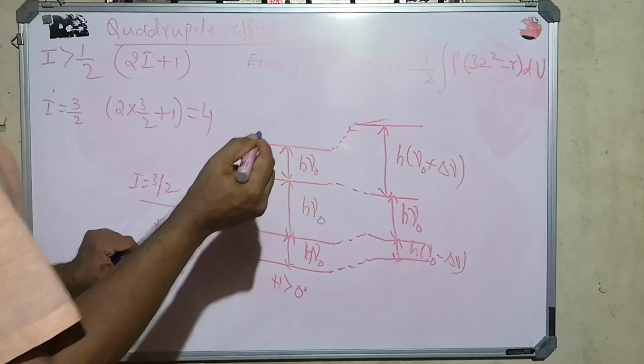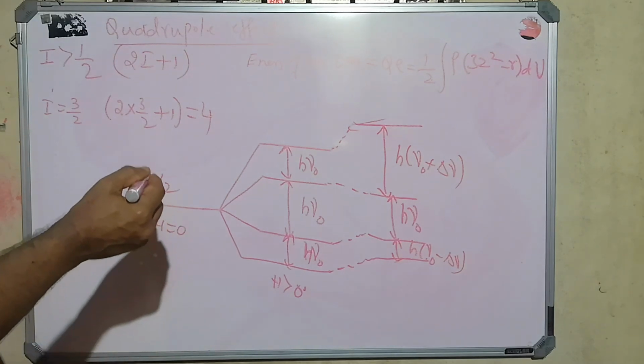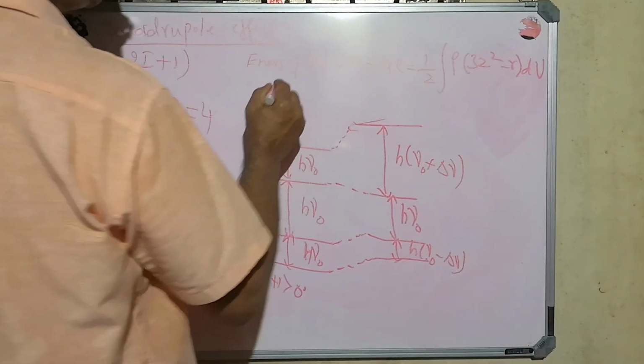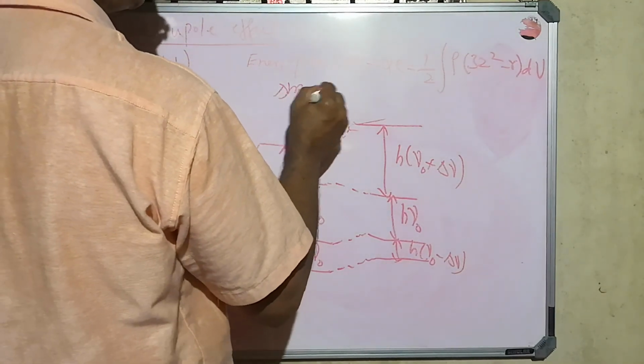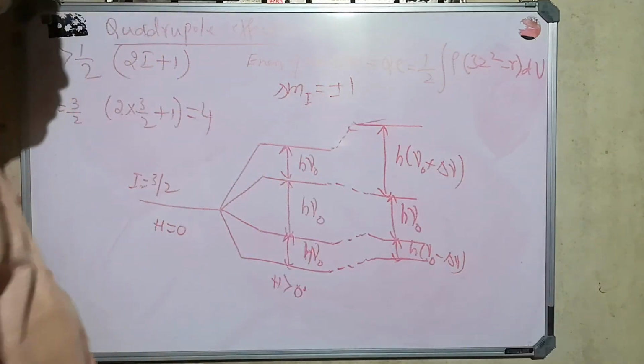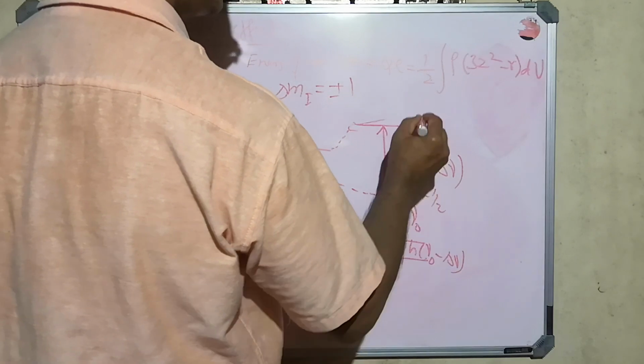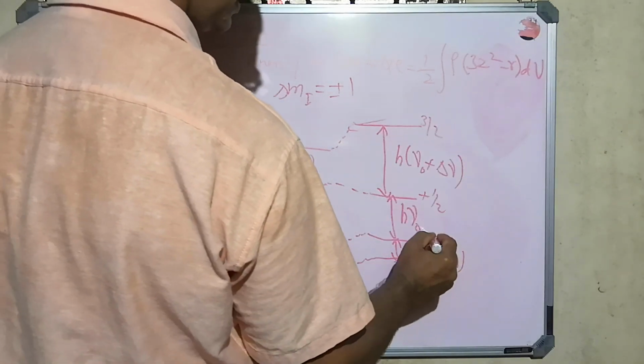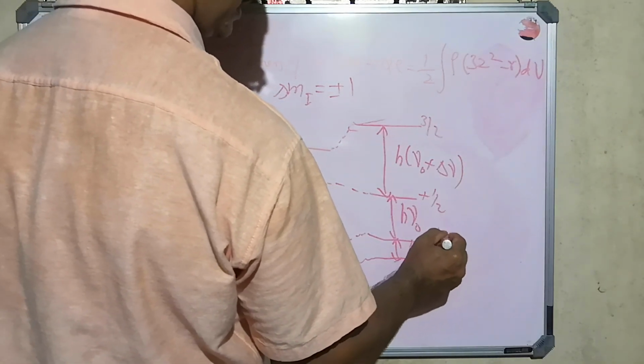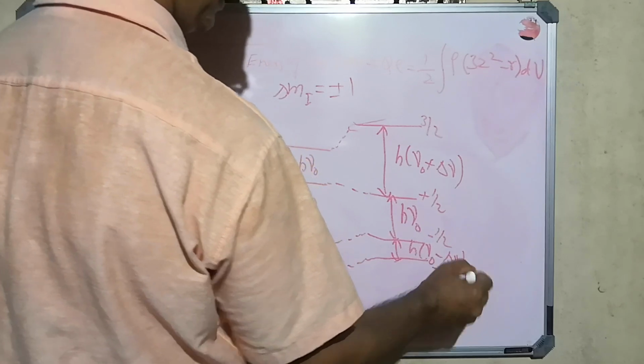But the selection rule, delta m_I should be plus or minus 1. That is, plus half, 3 by 2, minus half, minus 3 by 2.